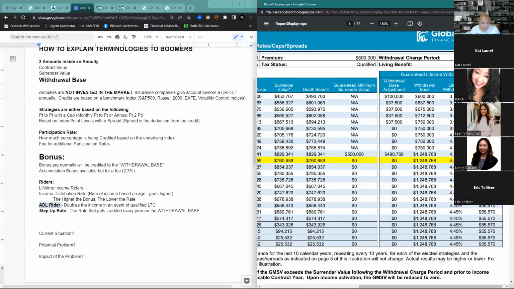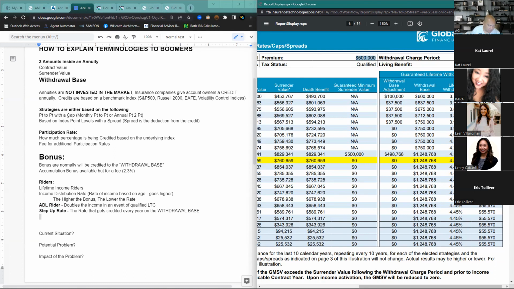Then this 55,000 will become 110,000 for 5 years if this person qualifies for 2 of 6 ADLs. Step up rate, that's this 7.5%, which is the 37,500, which is 7.5% of this 500,000.